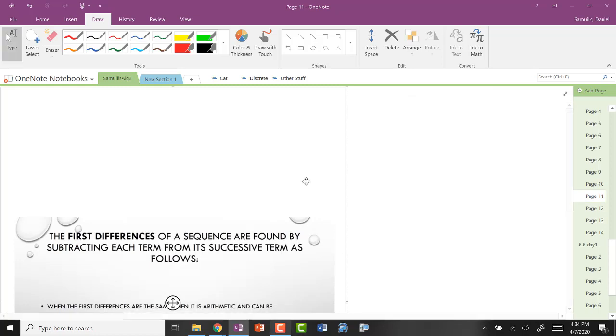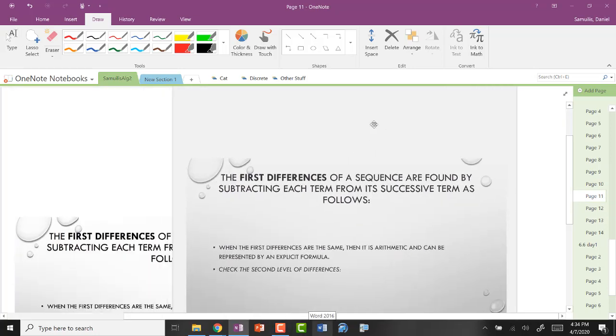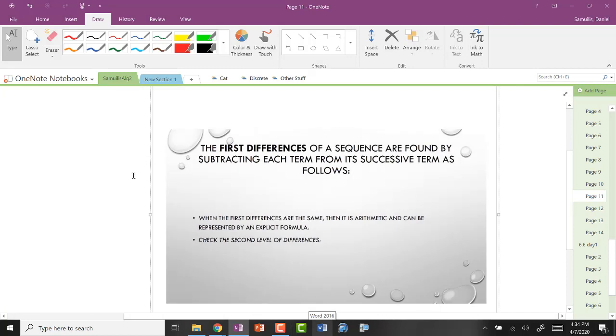What I mean by that is arithmetic sequences are first order differences. Whether or not you recognized it, we were actually writing the equations of lines for those. So in our arithmetic sequence, we would have a sub n equals the first term plus the number of terms minus 1 times the common difference.